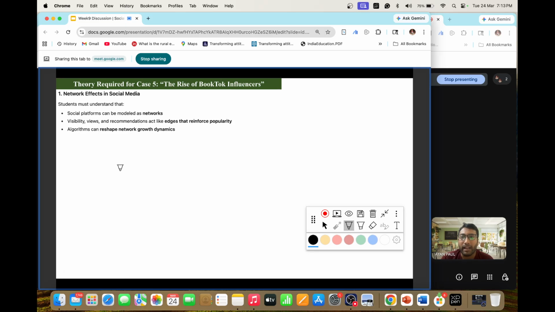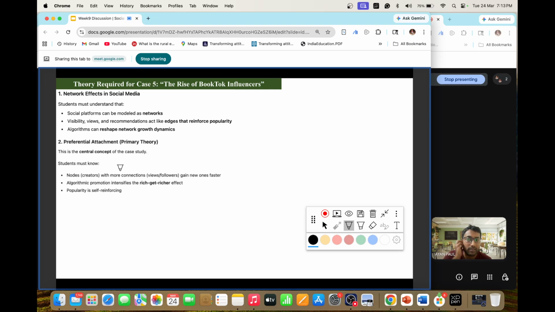So theory is required here. The rise of BookTalk influencer. A social platform can be modeled as a network; visibility, views, and recommendations act as edges that reinforce popularity. Algorithms can reshape network growth and dominance.